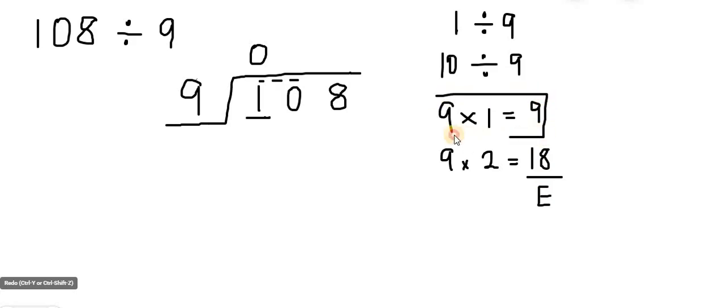So we pick this line here, and so the number of 9s in 10 is picked from column D, which is 1. So we put that 1 here, and then we take the answer from column E on that line, 9. And so we subtract 9 from 10, we have 1.